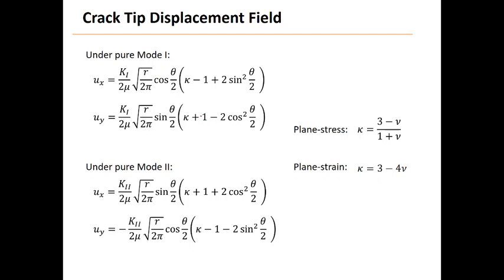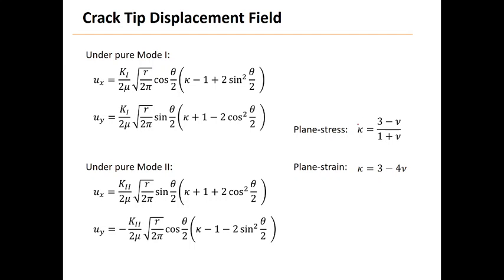Now they are again written in terms of the stress intensity factor. Once you have the loading, and once you determine the stress intensity factor Ki, you can describe the displacement. For pure mode 2, of course, that depends only on K2, and that's why we have K2 only here. Now these are in plane, 2D problems. The expressions are slightly different if you are looking at plane stress and plane strain situations, differing only by the elastic constants.